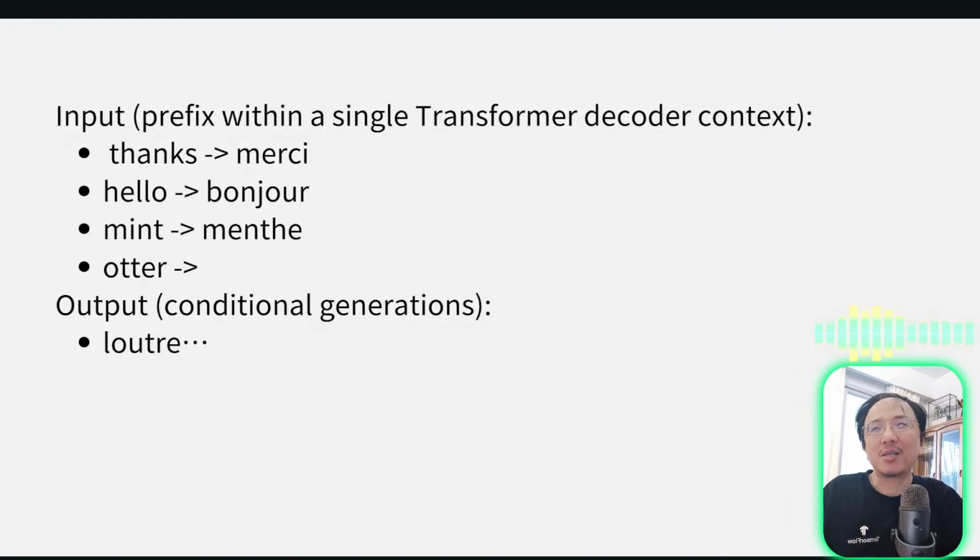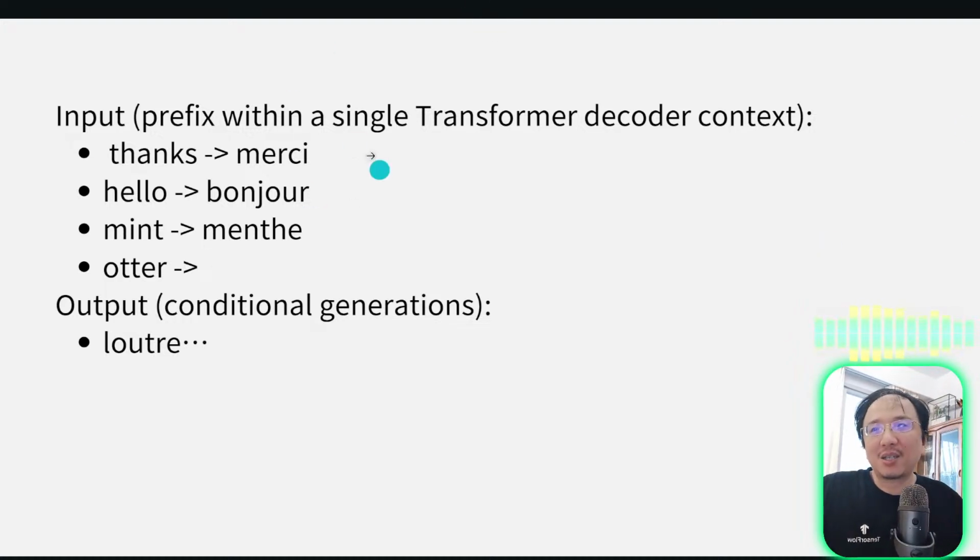The typical example is this one. Given some input, the model has already been trained on French and English text, but it cannot automatically learn French from 3 examples to construct a whole French language. It has the knowledge inside, but it hasn't been trained with something like these examples: thanks translates to merci, hello translates to bonjour, and mint translates to menthe.